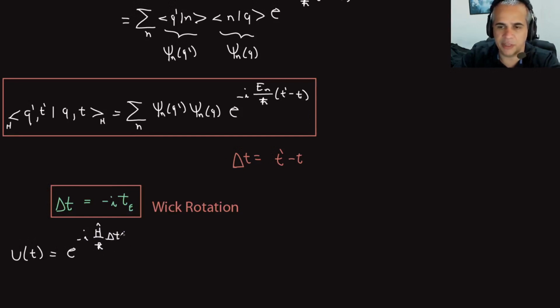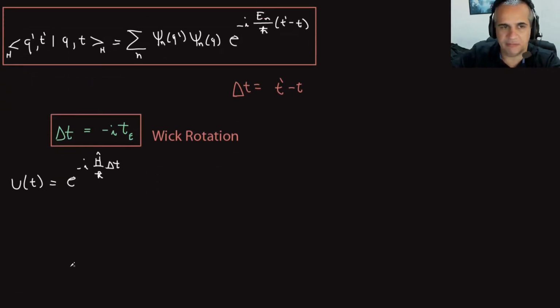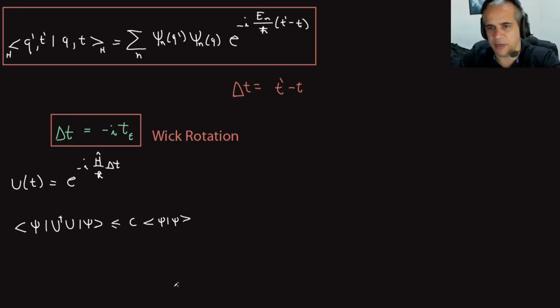this will not be unitary anymore, but I still want it to be bounded, in the sense that if I calculate psi, U dagger U, psi, this will be smaller than some finite number times psi, which is important to define proper quantum mechanics. So I need these operators to be bounded in Hilbert space.